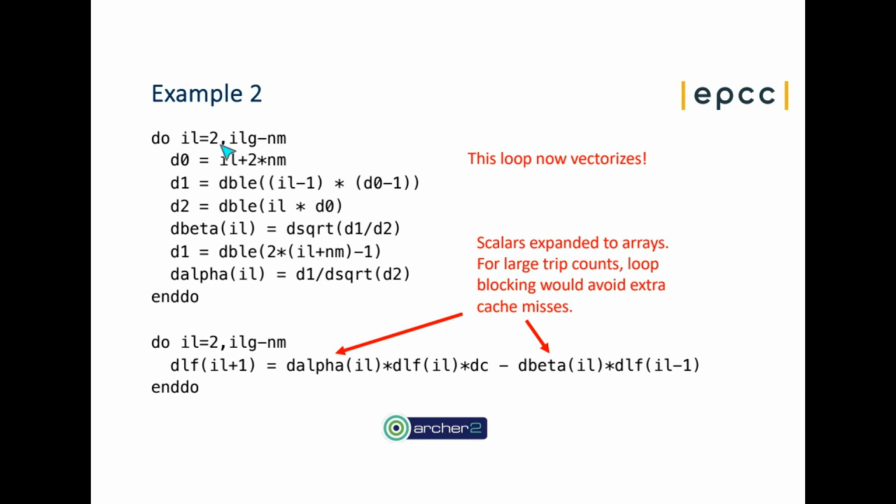If you had to deal with cases where this loop was much longer and these temporary arrays much bigger, then you would probably need to block the loop up. So you maybe say, I'll do 1,000 iterations of this loop, then 1,000 of this one, then go back and do the next 1,000 of this, and so on.